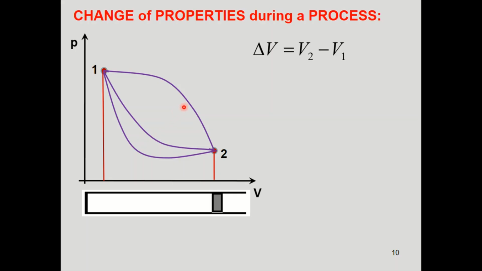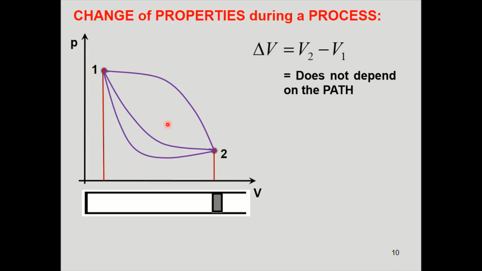That is why properties are called point function, because they depend on state points, 1 and 2. Properties are called point function because they don't depend on the path followed, as I have demonstrated here.